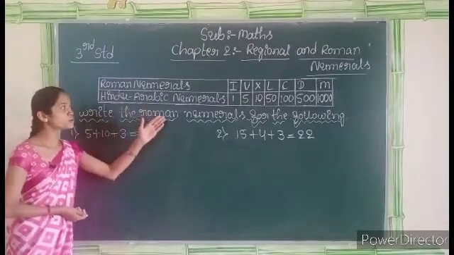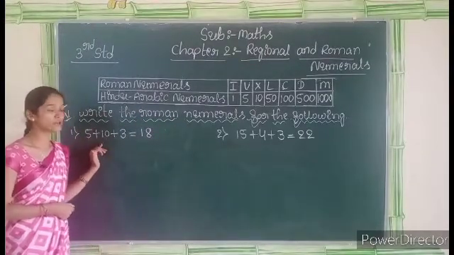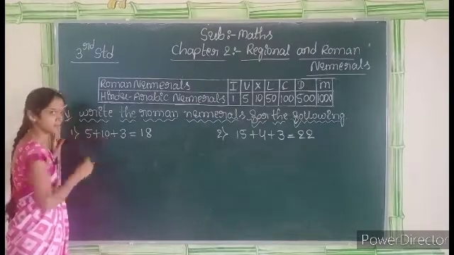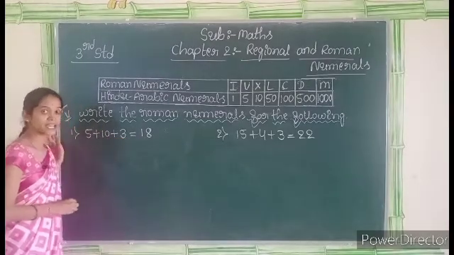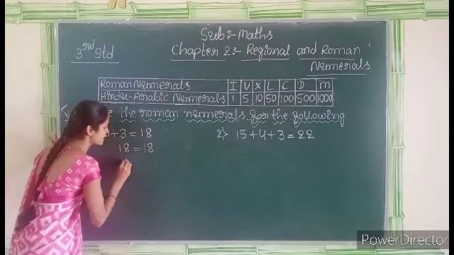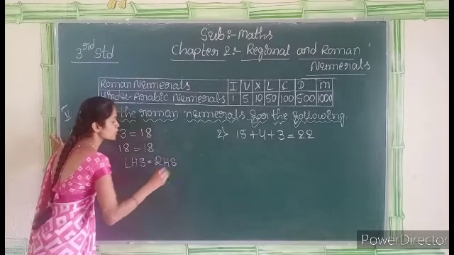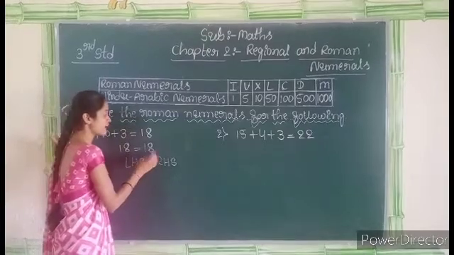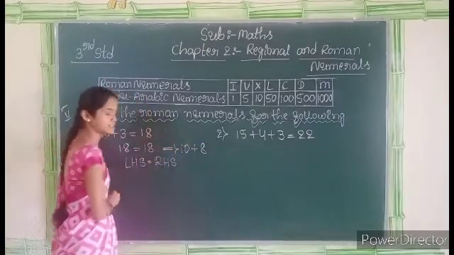Write the Roman numerals for the following. We have to write Roman numerals for these two problems. See, 5 plus 10, that is 15. 15 plus 3, 18. 18 is equal to 18. That is, LHS is equal to RHS. I will write the Roman numeral for this 18. 18 can be written like 10 plus 8.